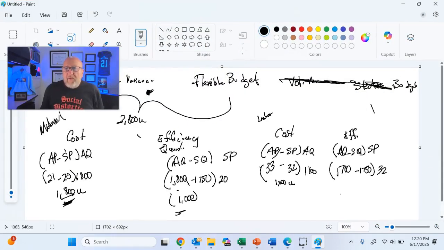And I'm thinking that is favorable because again, I have actual quantity was less than the standard quantity. So the total price variance for labor is a 600 favorable.